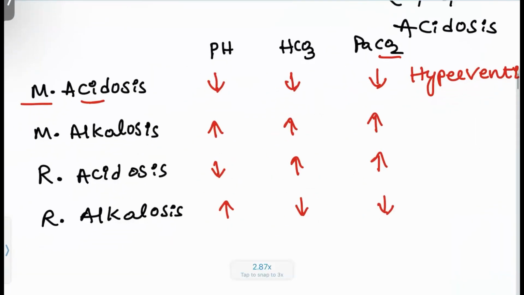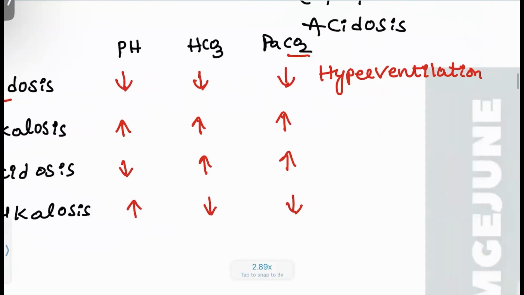And next, coming to alkalosis, the body is going to hypoventilate, so that more and more PaCO2 will be retained in our body, and the pH will decrease and come back to the normal value. This is how the normal compensation of the body occurs.